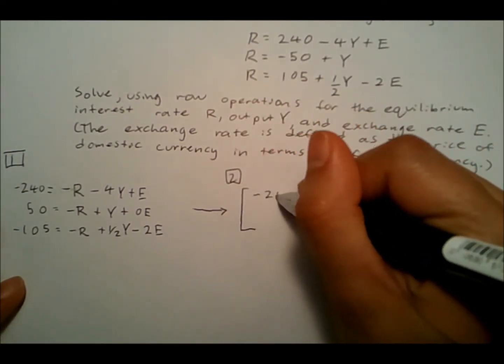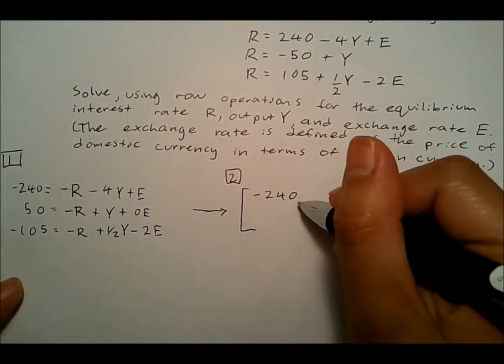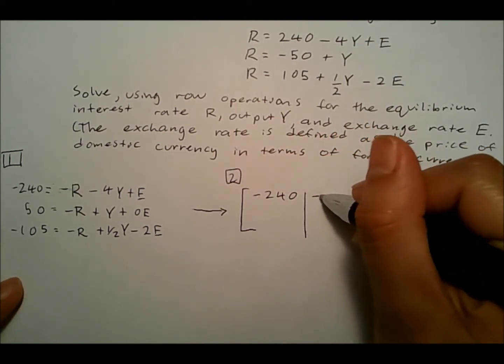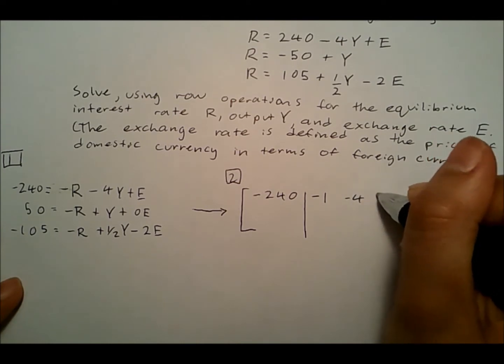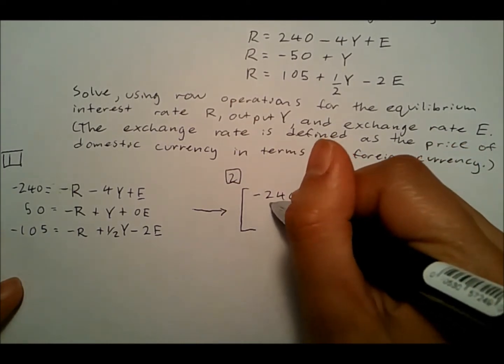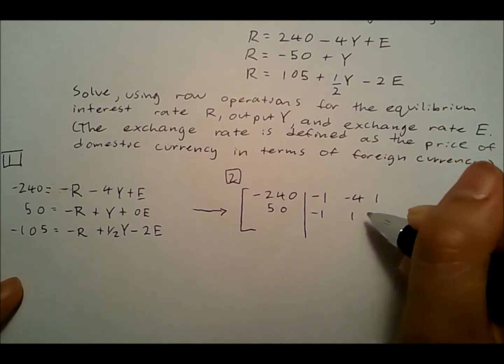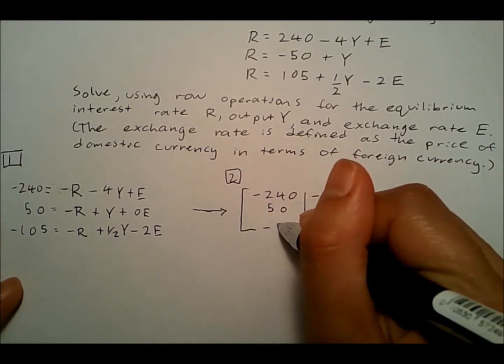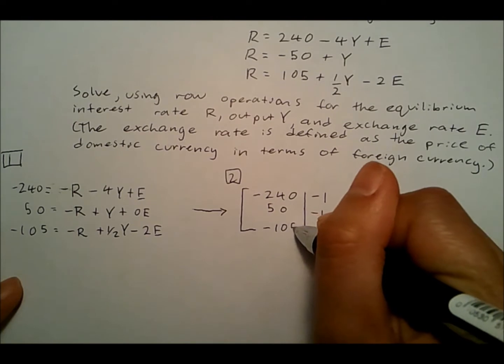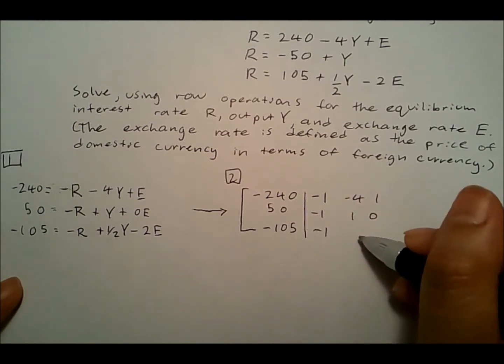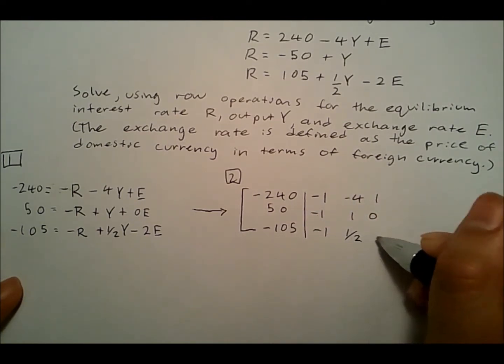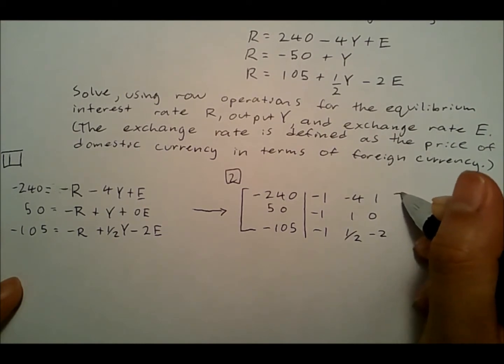So we're just going to plug in the values for these equations, such as negative 240, and then negative 1, negative 4, 1, 50, negative 1, 1, 0, negative 105, negative 1, 1 half, and negative 2.